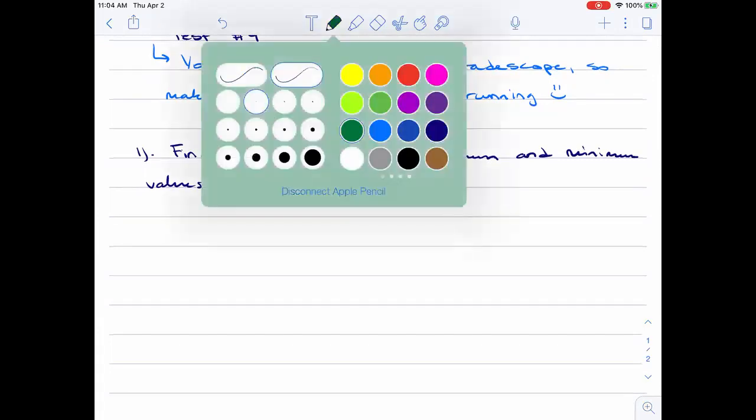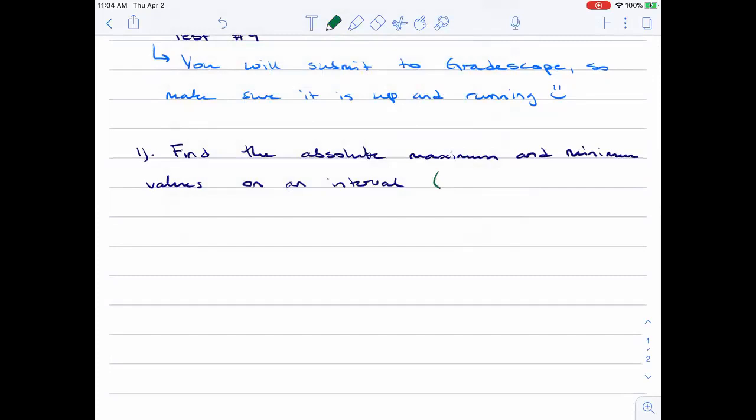And if you're not sure, you can look at the notes from March 24th. We've done it a lot since then, but that might be a good start.